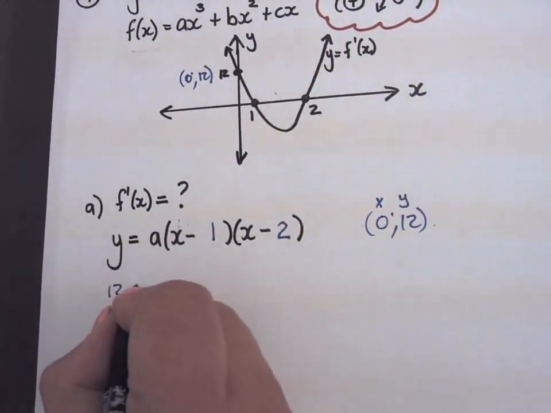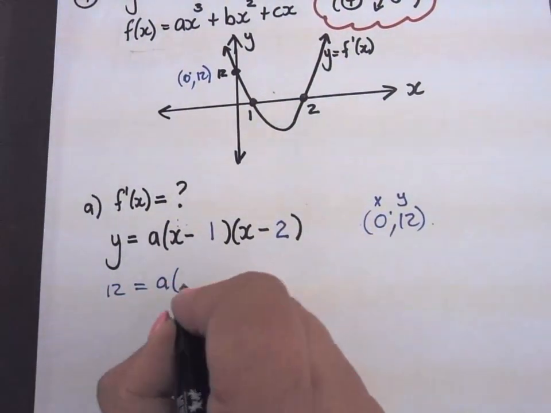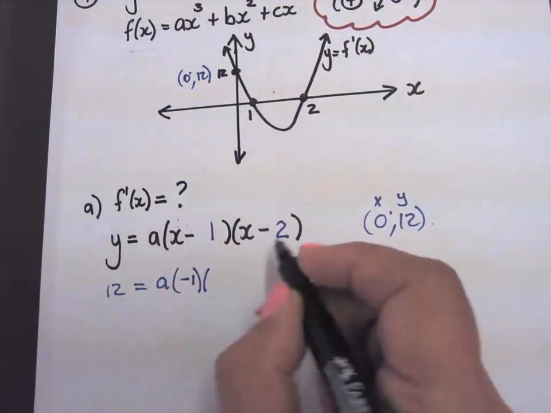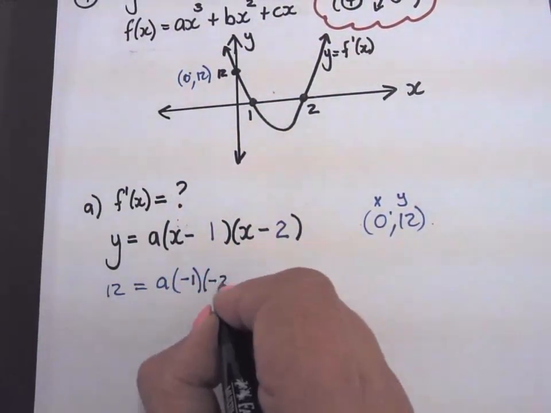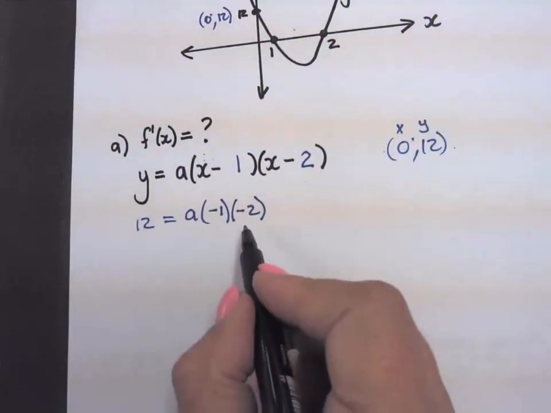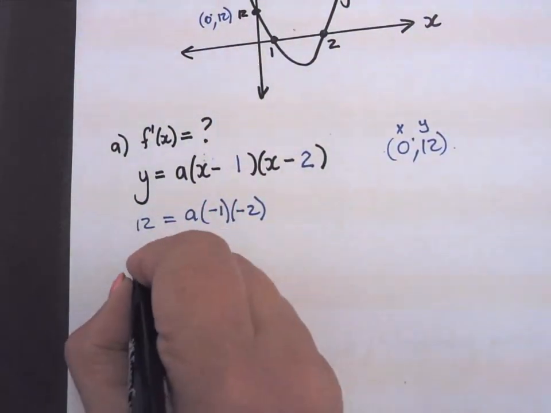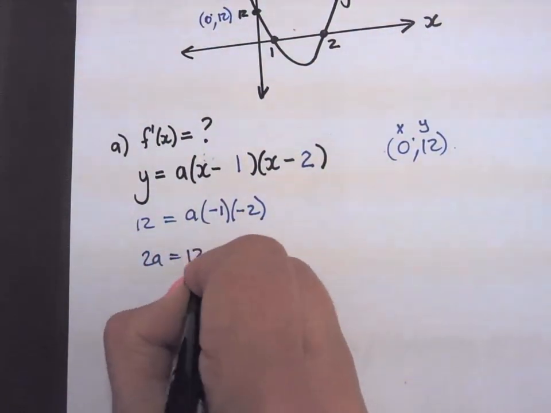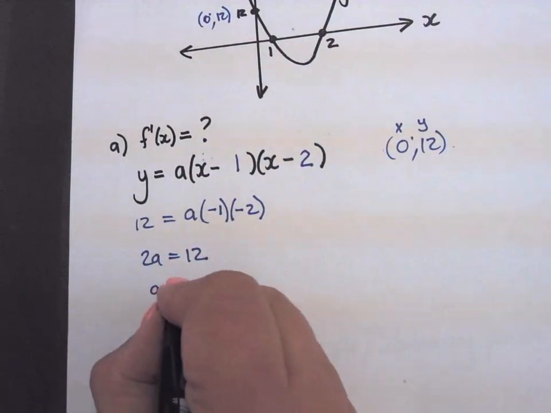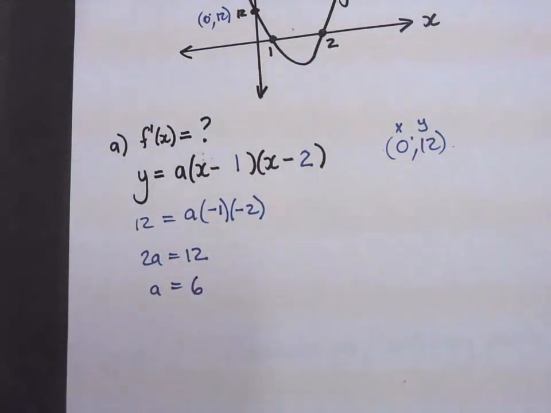Y is 12 equals a. X is 0. 0 minus 1 is -1. 0 minus 2 is -2. If you multiply that, you get 2a equals 12. Get a alone, so I divide by 2. A equals 6.